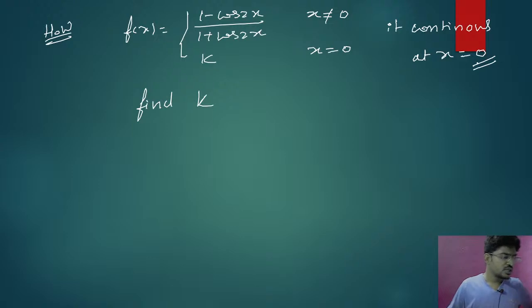So you take this as a homework problem and try to solve this. To simplify, you use the formula of cos 2x. This is not cos 2x, it is cos x. So 1 minus cos 2x divided by 1 plus cos x. You take this as a homework problem and find the value of k.